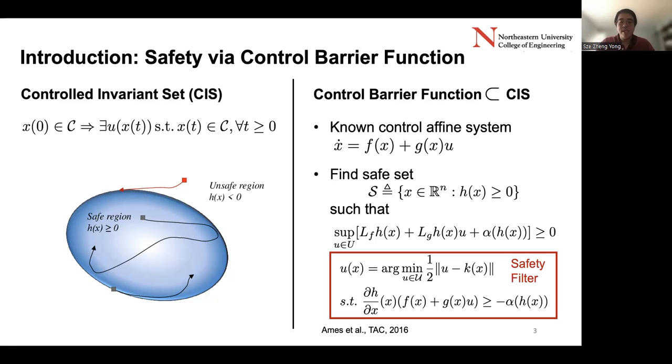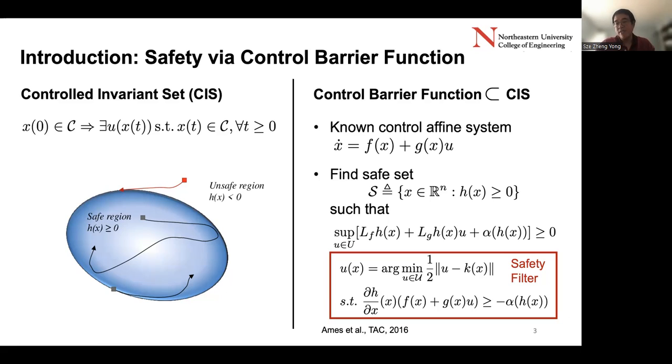This is often used as a safety filter in the literature for control barrier functions. Specifically, they would take the condition written with Lie derivatives directly as a constraint, and use that to modify a nominal controller or a legacy controller that people might have.